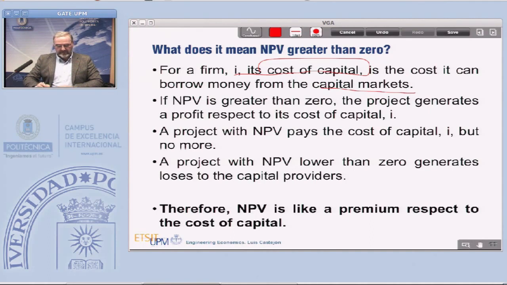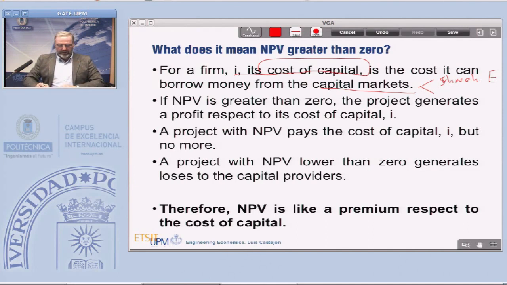You have to understand borrowing from the capital markets in a wide sense. We can borrow money from our shareholders, which is the equity. Just as we can buy shares of a company, we are giving money to this company.